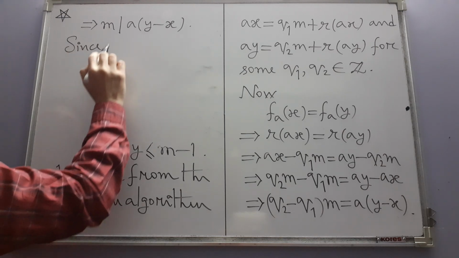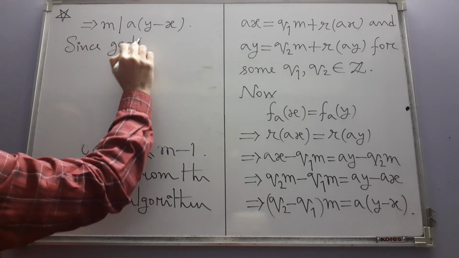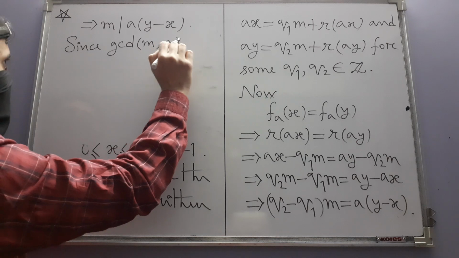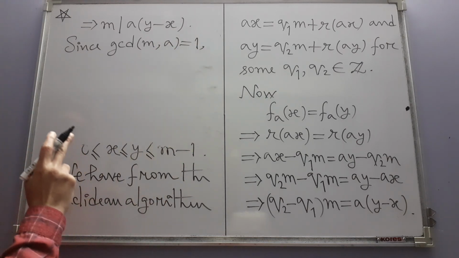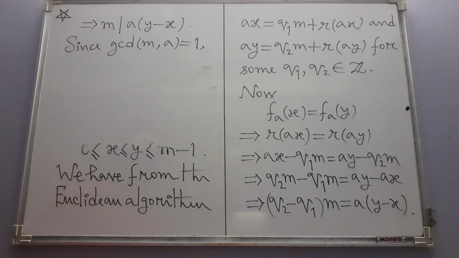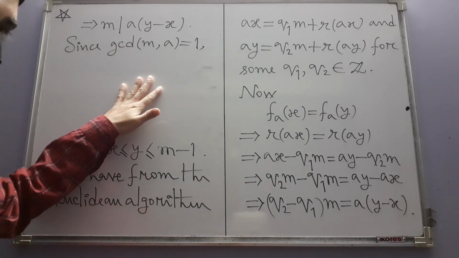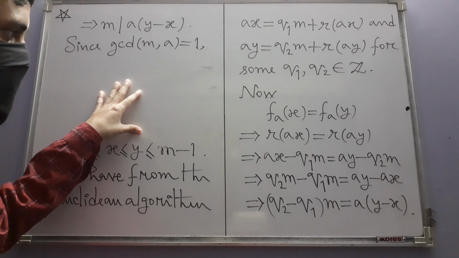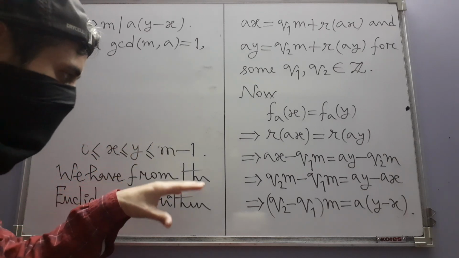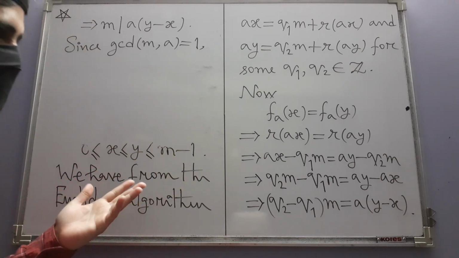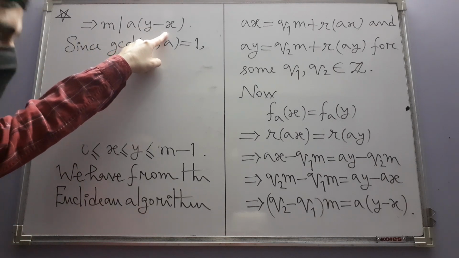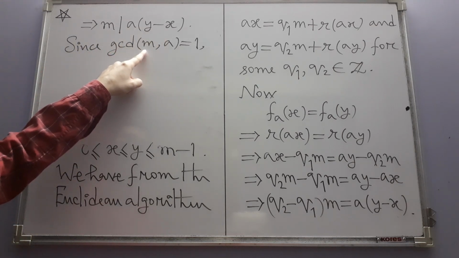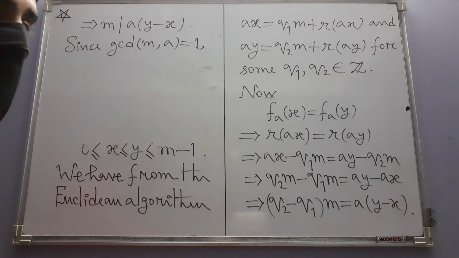Now since the GCD of m and a is equal to 1 because they are relatively prime, by Euclid's lemma there is a result. I am not exactly sure if this result has already appeared in this book, but it's a well-known result that when you have a divisibility relation like this, m has nothing to do with a.